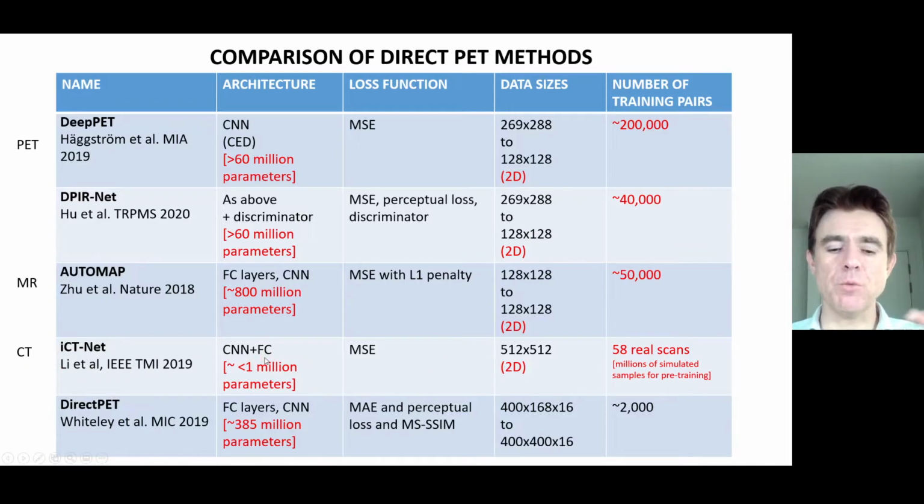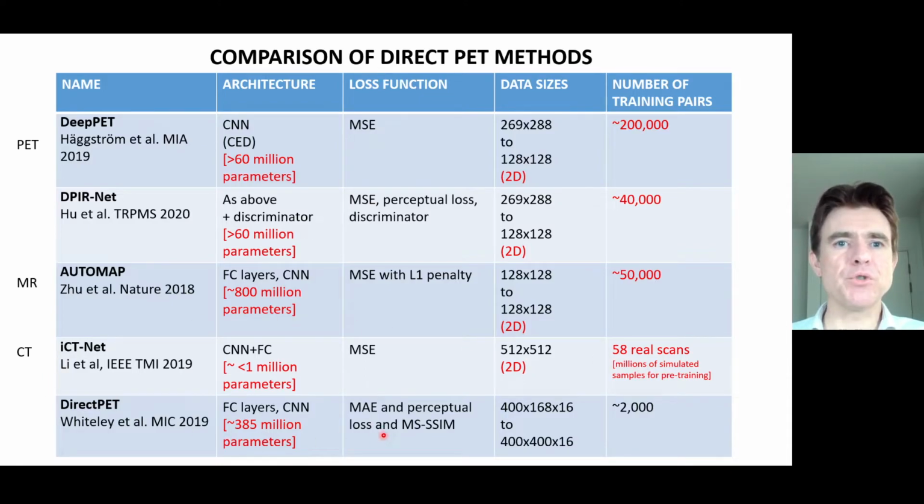Now, because they had this more principled design of the network where they knew what each part of it was doing and then training it up in a sort of segmented fashion, they're getting away with far fewer parameters. Nonetheless, still 2D reconstruction, but relatively limited amounts of training data required.